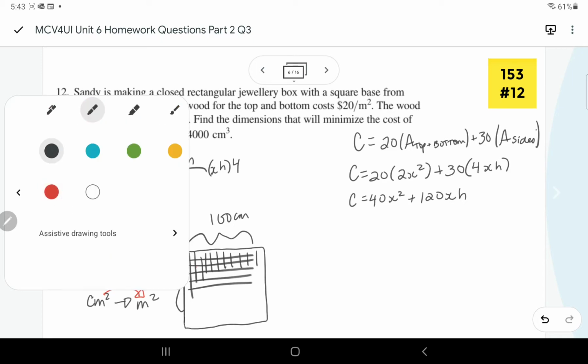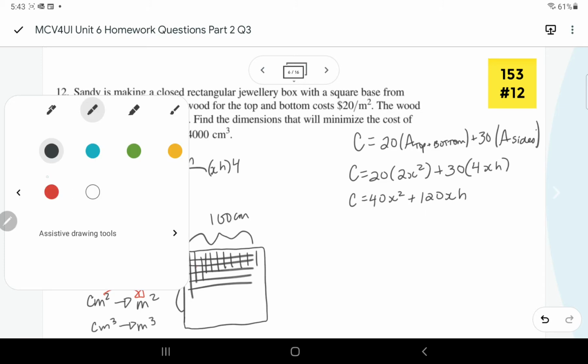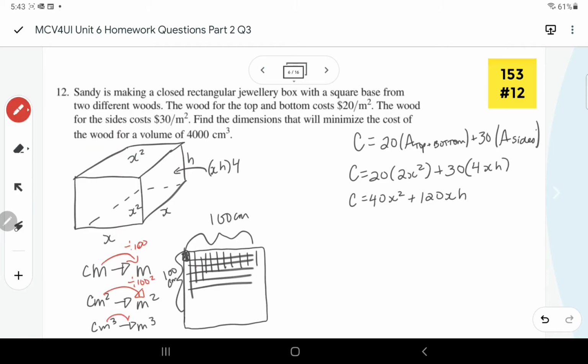And similarly, if you were going from centimeters cubed to meters cubed, you would have to divide by 100 cubed. So that's what I'm going to do there. 4,000 divided by 100 cubed.